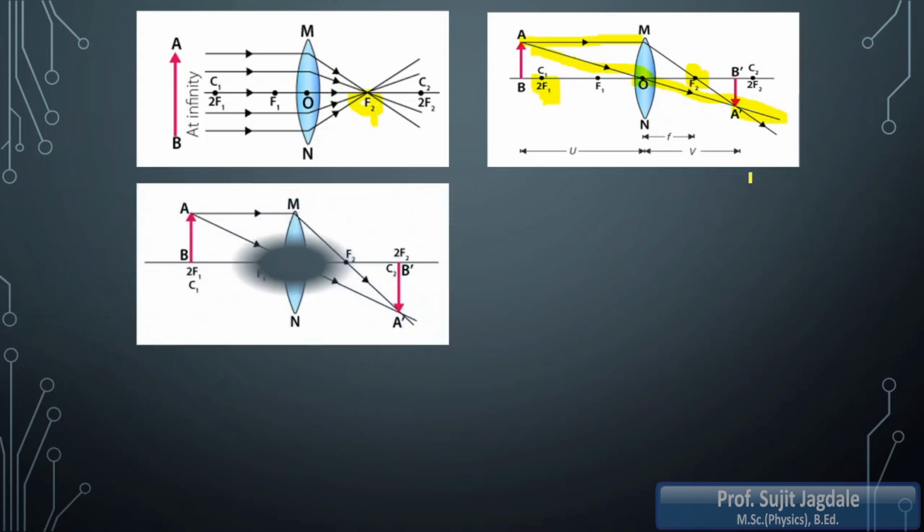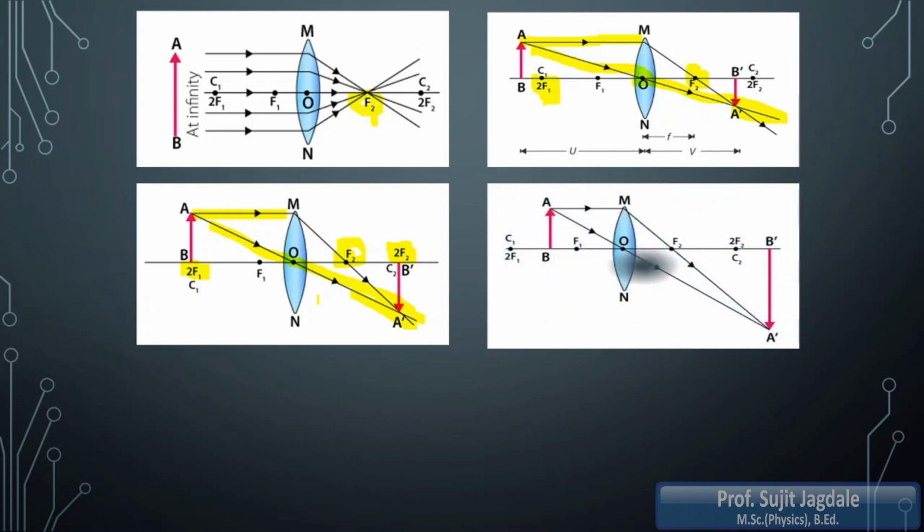Again, the third case is when the object is at twice f1, then the image is formed at twice f2, and again the same conditions are satisfied. Incident rays are parallel, passing through f2, and incident rays passing through the optical center go undeviated. So all those rules are satisfied while drawing the ray diagram.